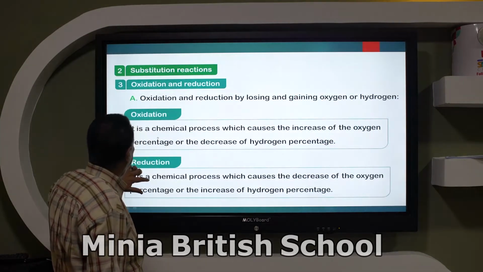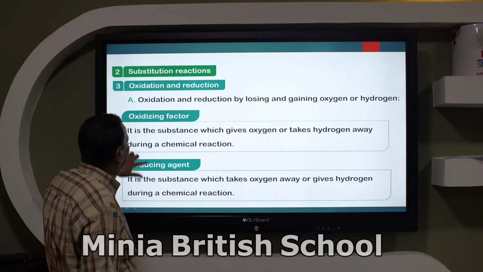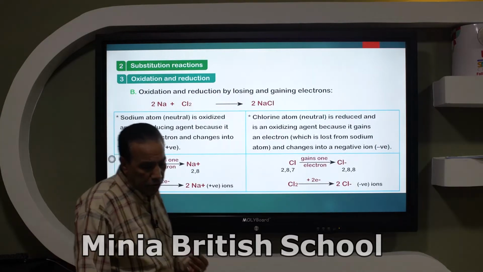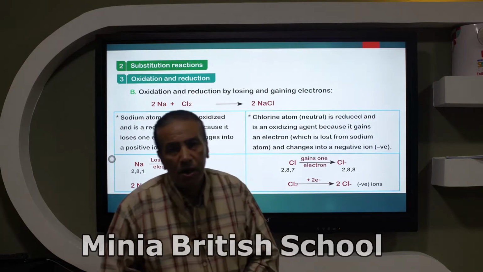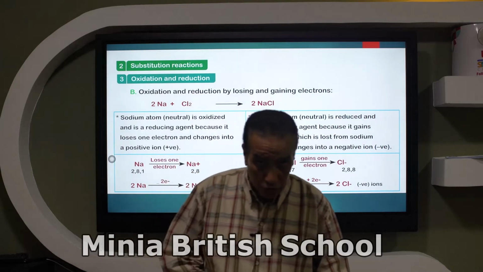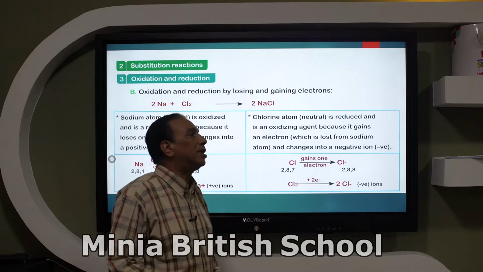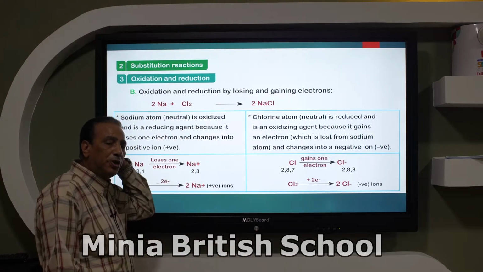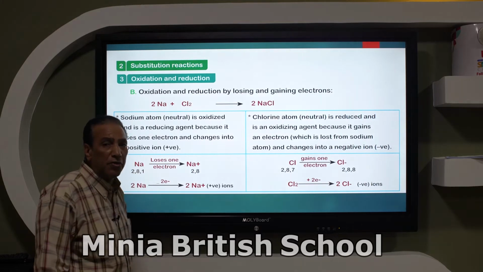Here, the second explanation of oxidation and reduction is according to losing and gaining of electrons. If we have the sodium atom, its electron configuration is 2, 8, 1. That means it contains one electron in the outermost energy level.